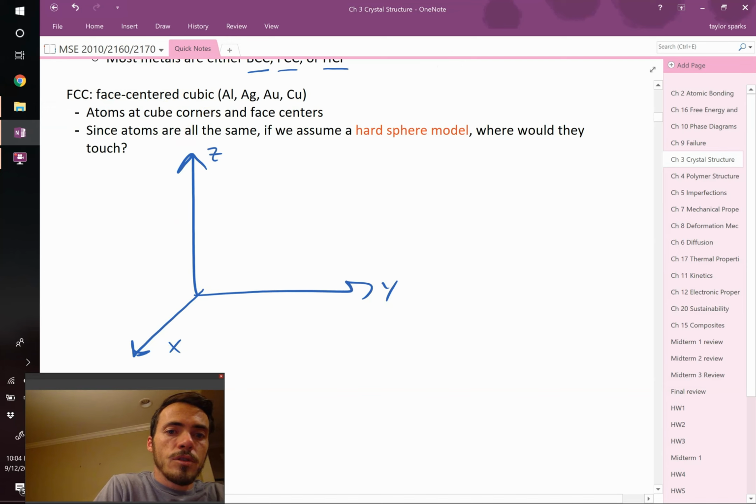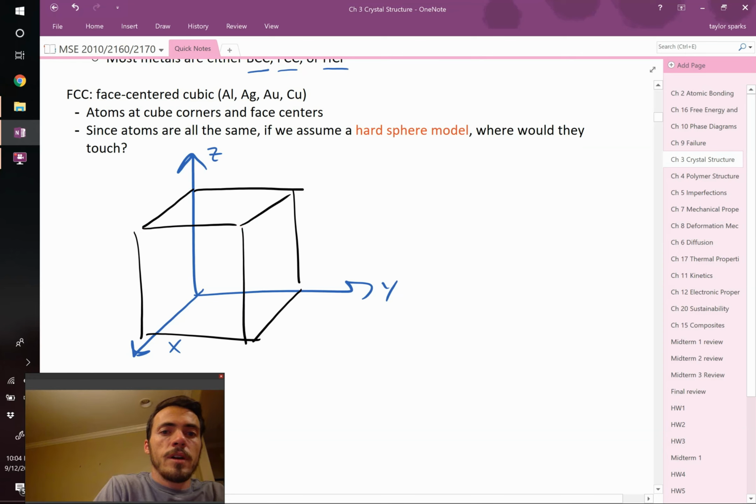We're going to draw our lattice now, right? Here's our unit cell, right? So you would place atoms where? You're going to place them at the cube corners, right there, there, there, there, and there, right?